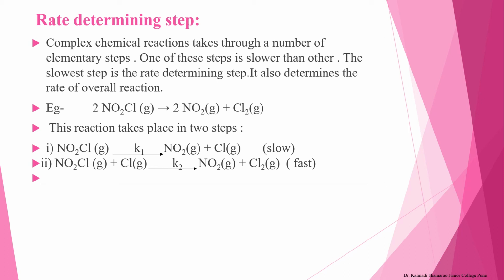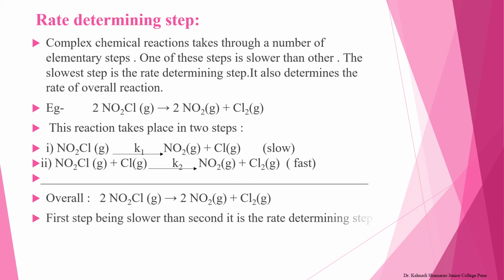The first step is a slow step and the second step is a fast step. And the overall reaction we can write is 2NO2Cl gives 2NO2 plus Cl2. First step being slower than the second, it is the rate determining step.